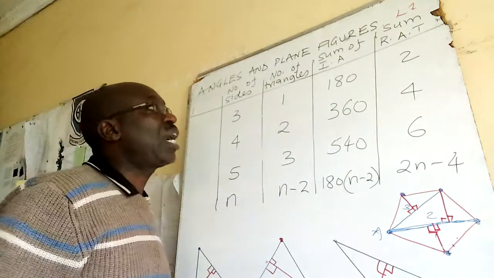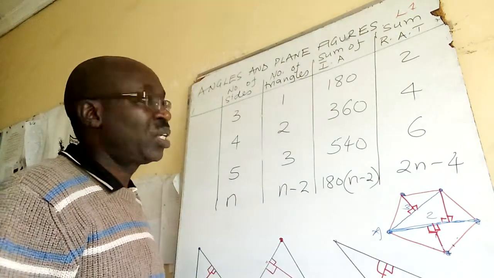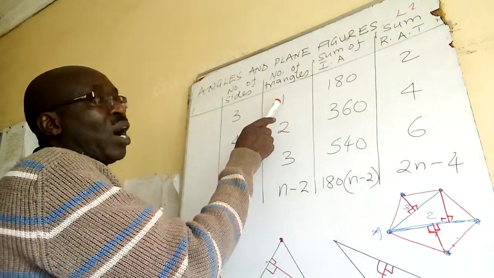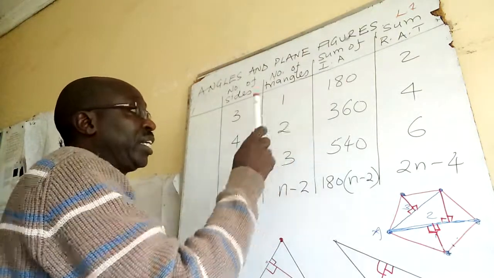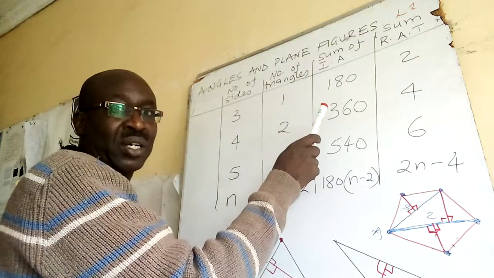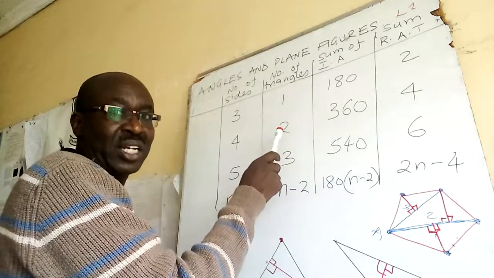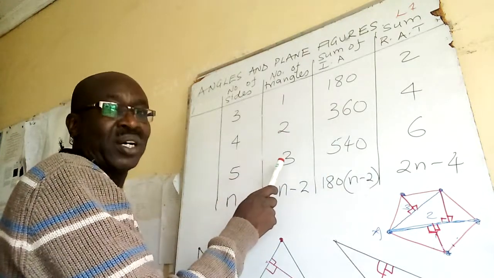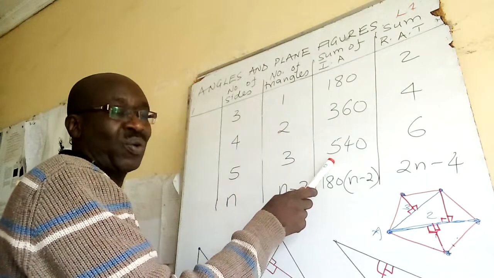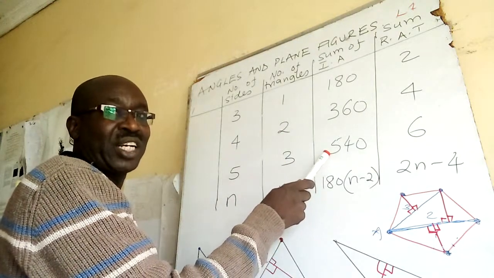Let us go to the sum of the interior angles. Remember, one triangle has 180. 2 triangles has 360, meaning that 180 times 2. Here, 180 times 3.